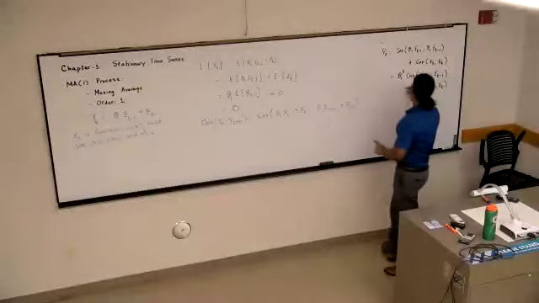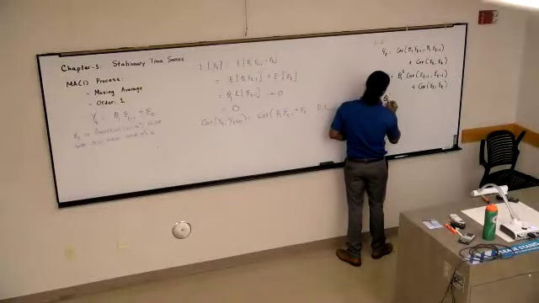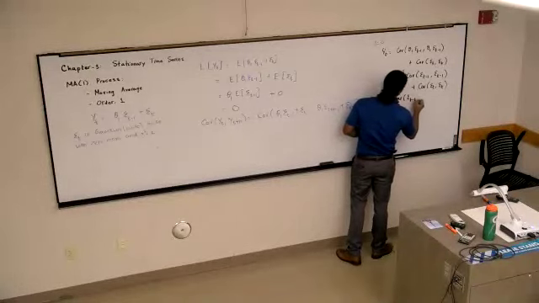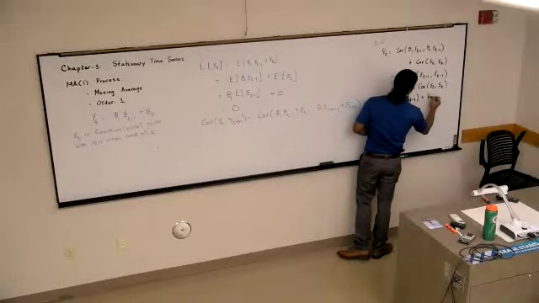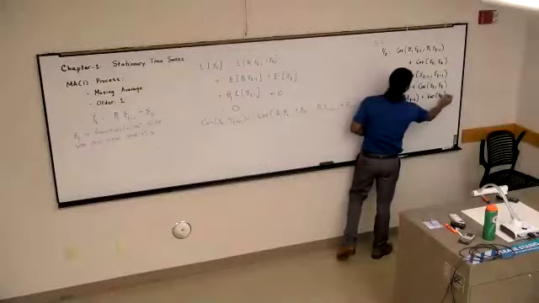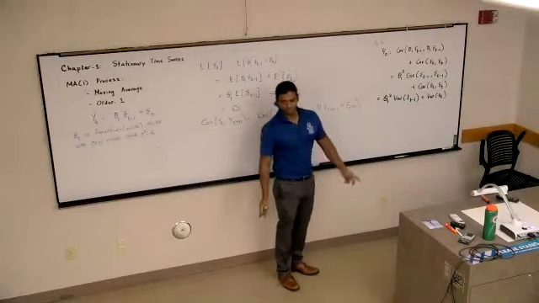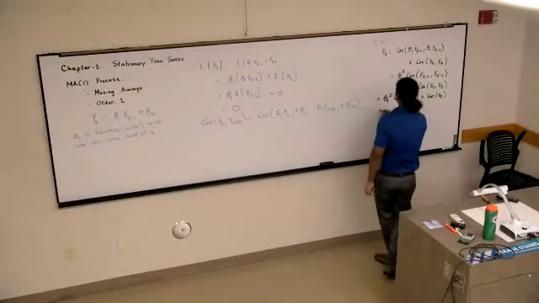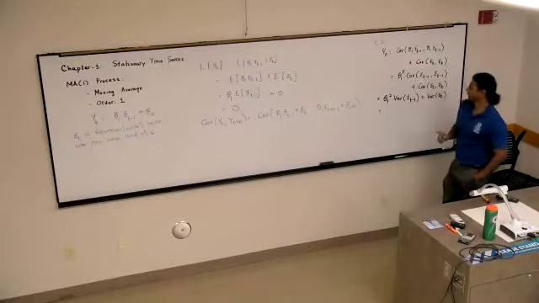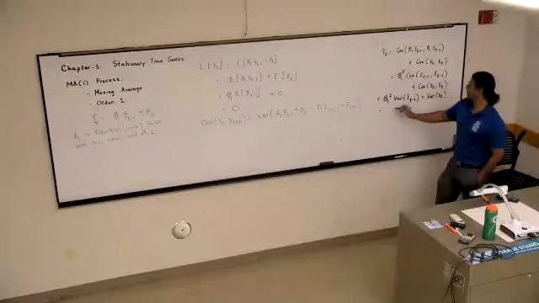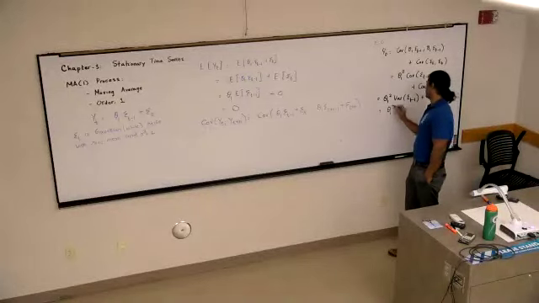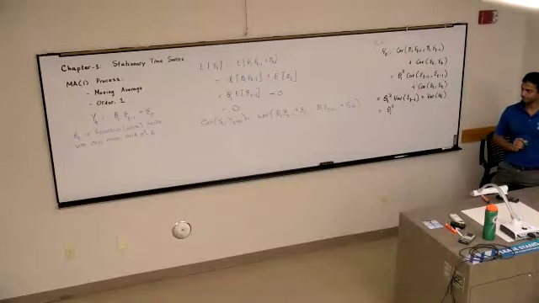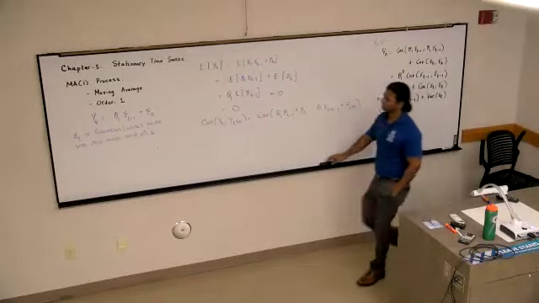So that would be the variance of epsilon t minus 1 plus the variance of epsilon t. Yes? What is the variance of epsilon t minus 1? 1. Let's generalize this.